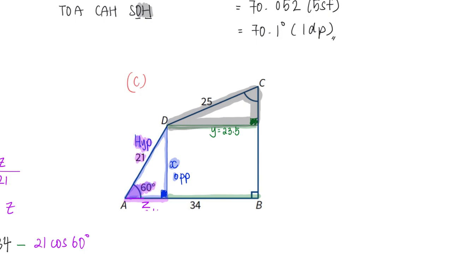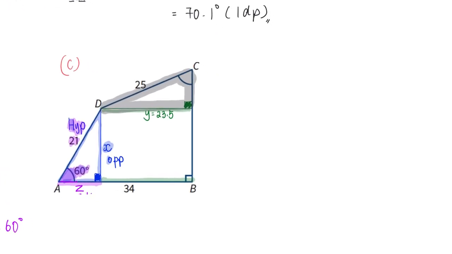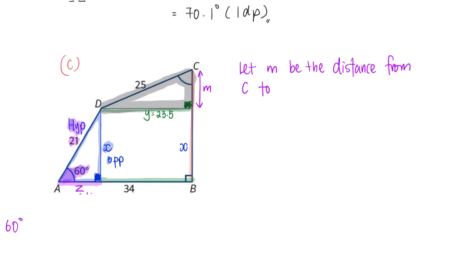So to find the length of BC, I already have x here previously. So my job now is therefore to find this particular length here, which I'm going to call m. So let m be the distance from C to D to Y.